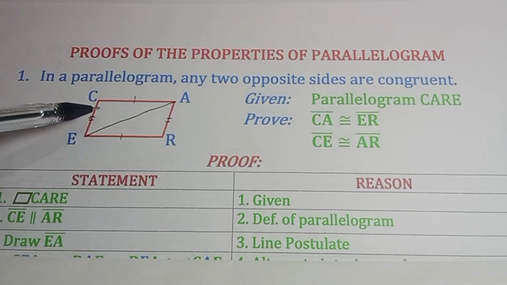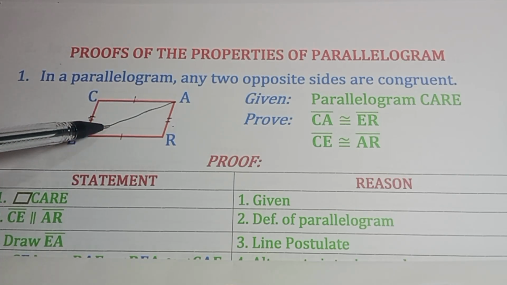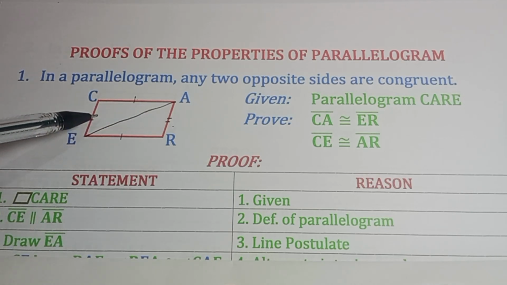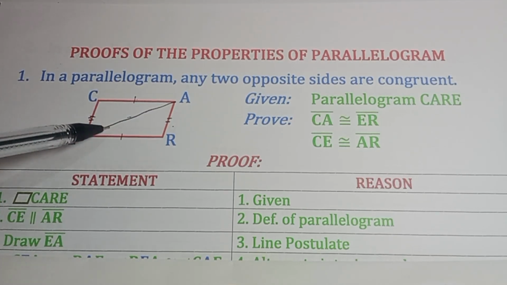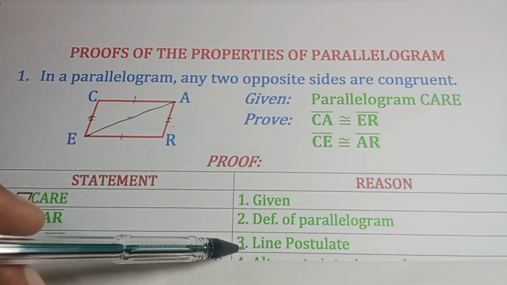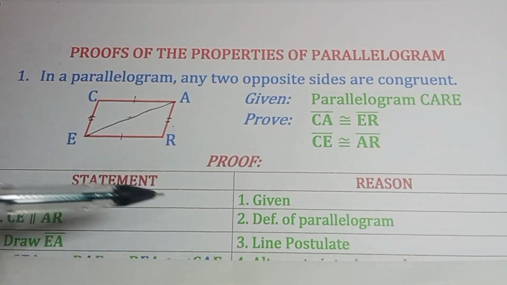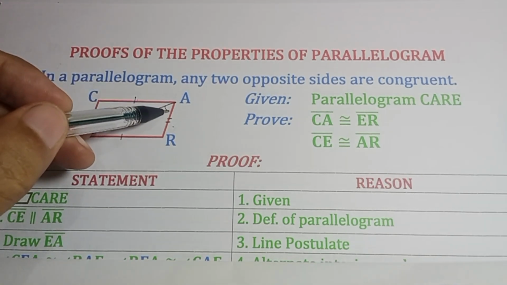Since we are proving that these two pairs are congruent, we want to make two congruent triangles. Okay, so by drawing this diagonal, we can have these two congruent triangles. Corresponding parts are congruent. We have EA as our diagonal, and our reason is line postulate. We can have this angle and this angle.